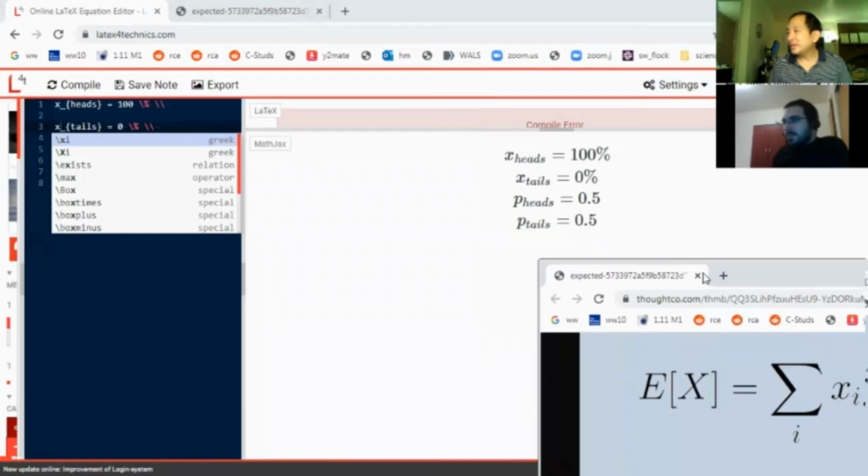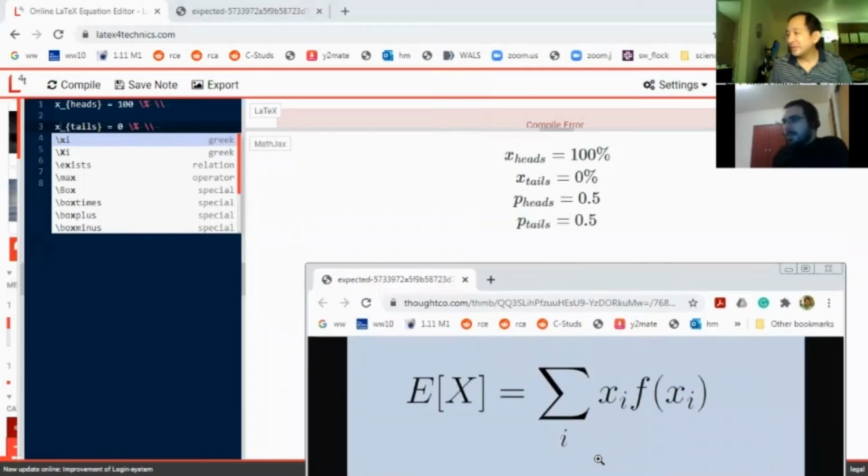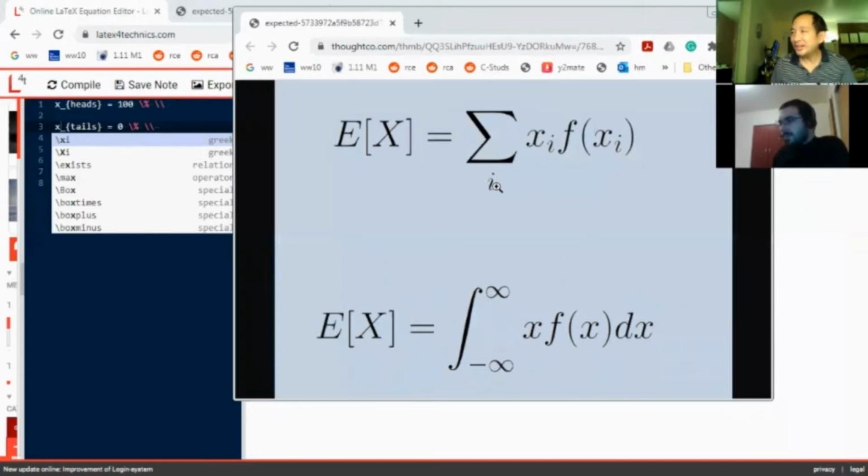When we have an iterator like i, just think of all the discrete states that an object can take. Coins are really easy. There are only two things, heads and tails. That's why it's really nice. So we could say i equals heads and tails.